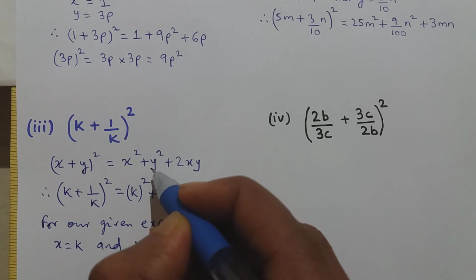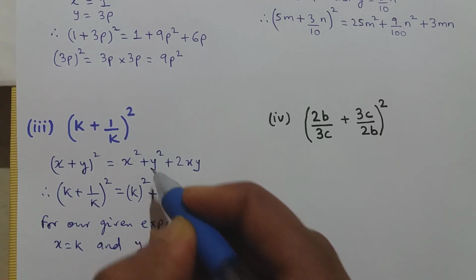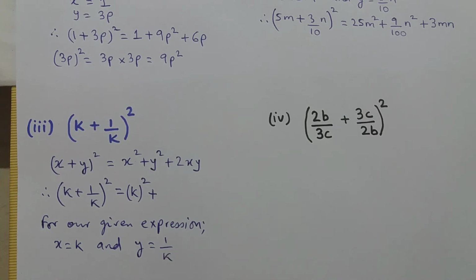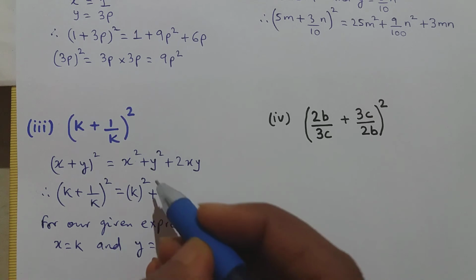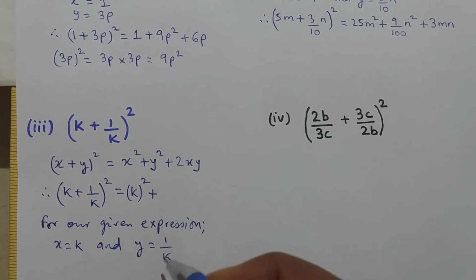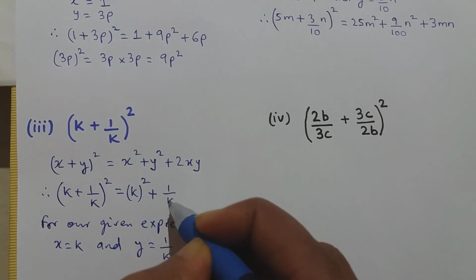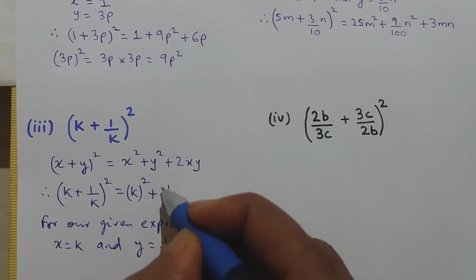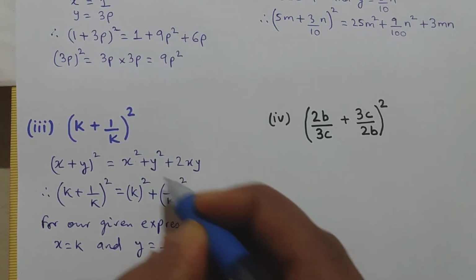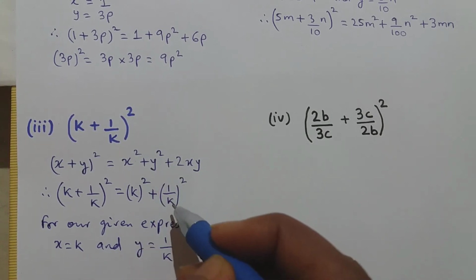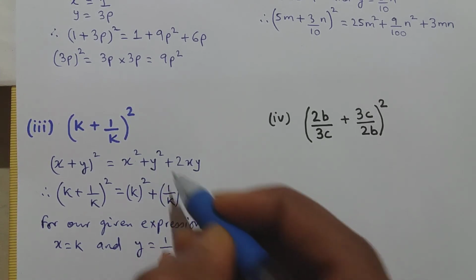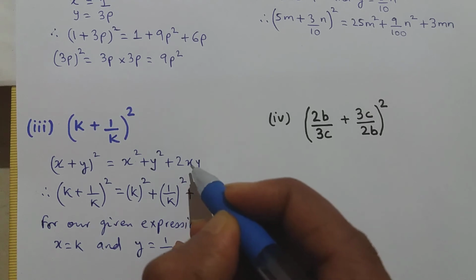For our expression y is 1 by k, so instead of y I will write 1 by k. So y square becomes (1 by k) whole square, plus 2xy.